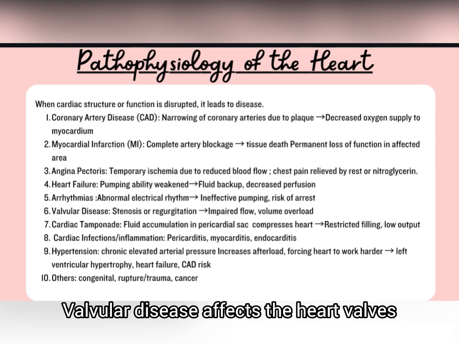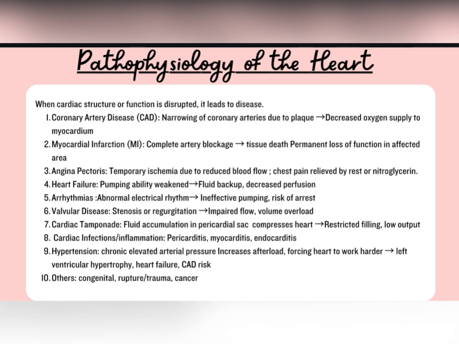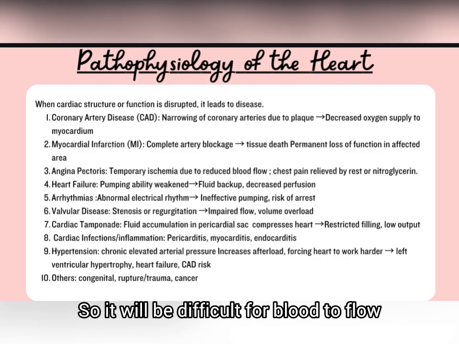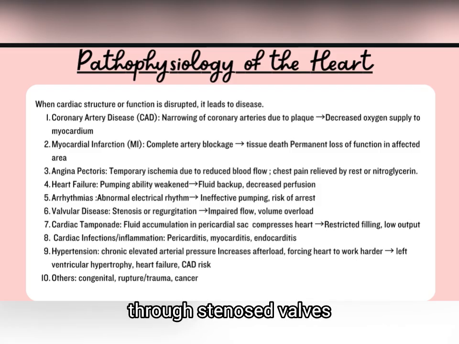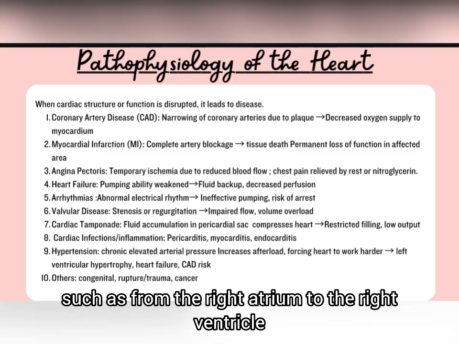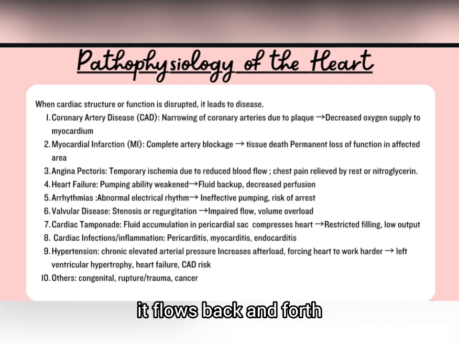Valvular disease affects the heart valves. The valves could be stenosed or they could be regurgitant. When they are stenosed, it means they are hard to open, so it will be difficult for blood to flow through stenosed valves. When the valves are regurgitant, instead of the blood flowing in one direction, such as from the right atrium to the right ventricle, it flows back and forth.